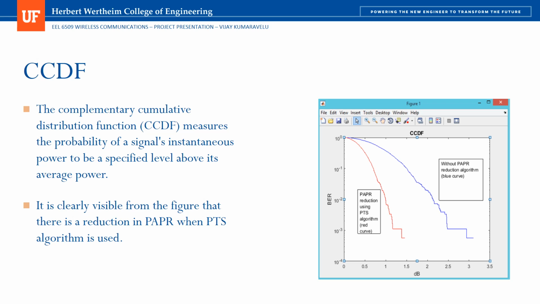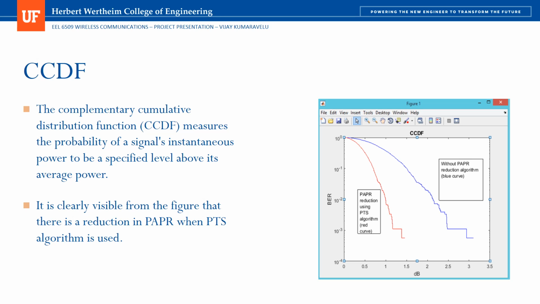Now what is CCDF? The complementary cumulative distribution function measures the probability of a signal's instantaneous power being a specified level above its average power. This sounds similar to PAPR, and therefore we use CCDF as a measure of the peak to average power ratio.